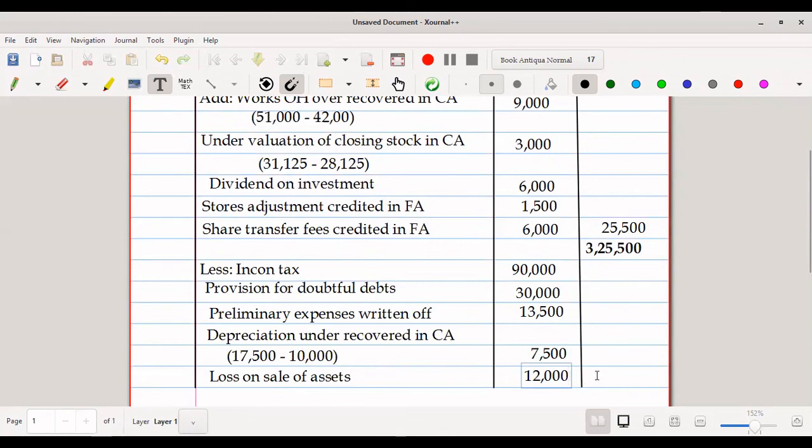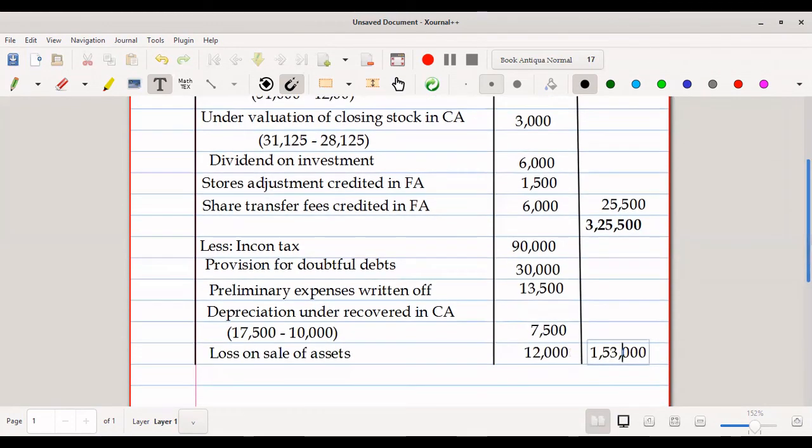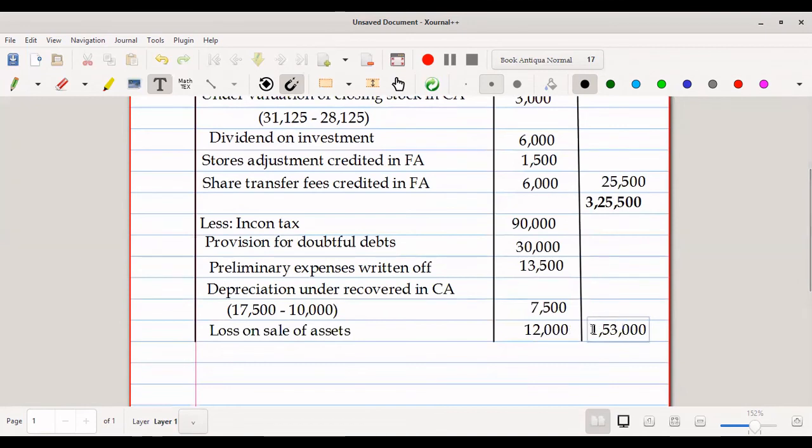When we take the total of these, it comes to 1,53,000. So we'll deduct from this to this.